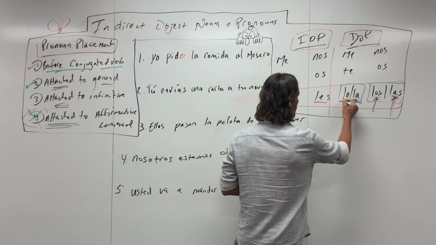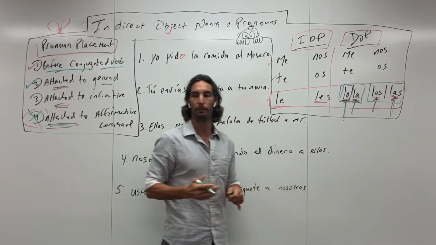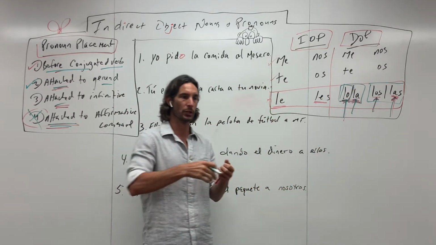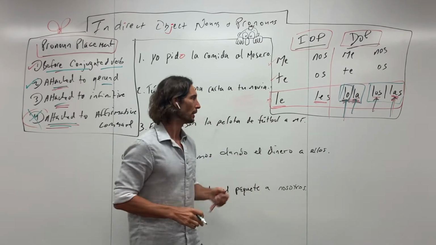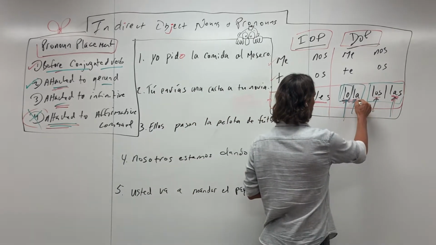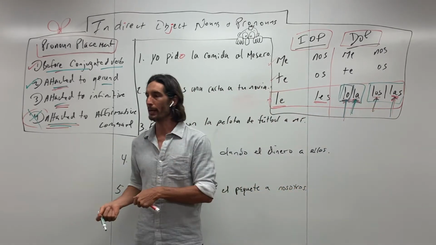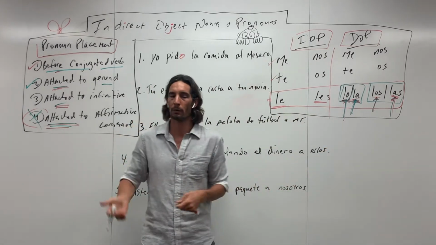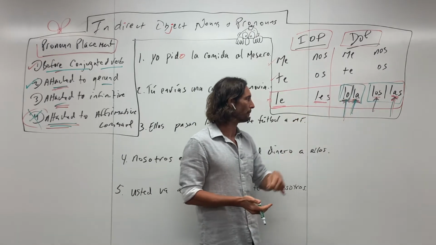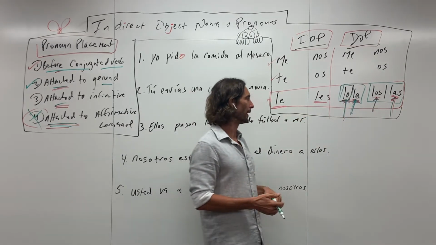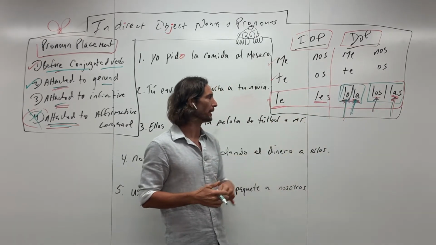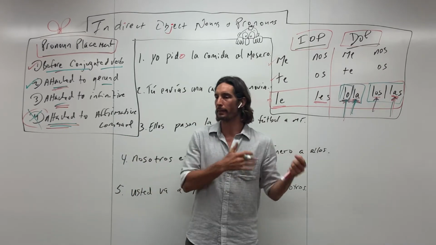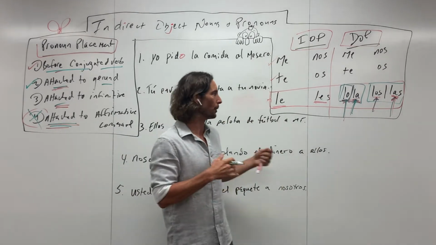So to use lo would mean that the direct object noun was singular and masculine. And then likewise here, it would be singular but feminine. So la mochila, for example, this would be el libro, or it could be ella, or Sonia, or it could be Luis.